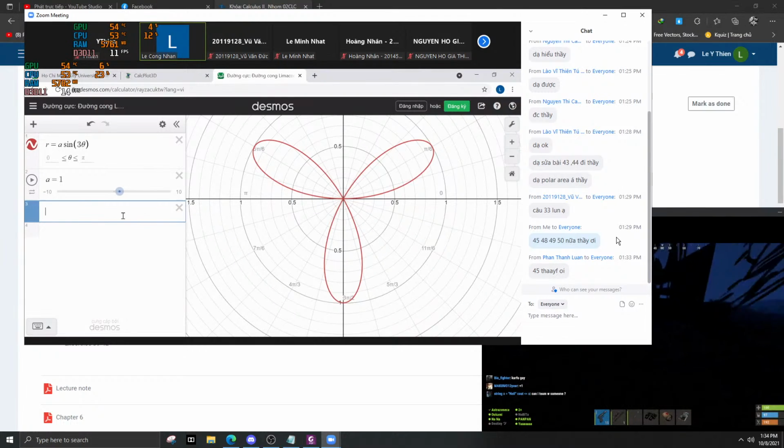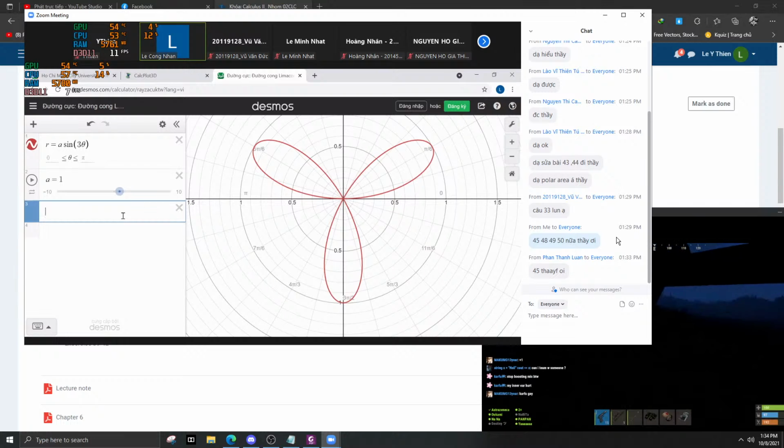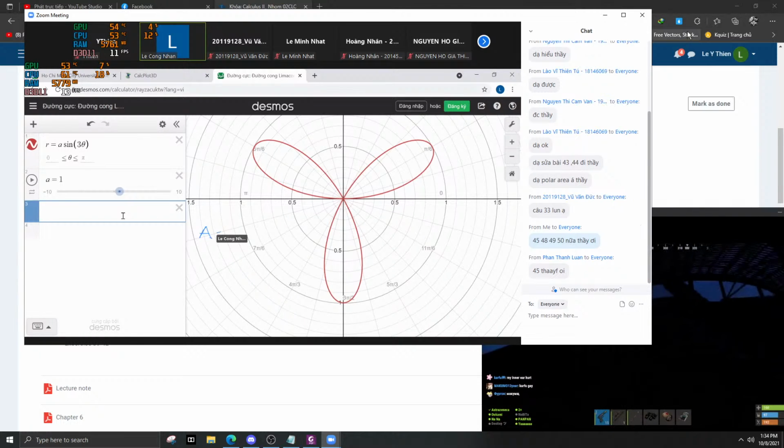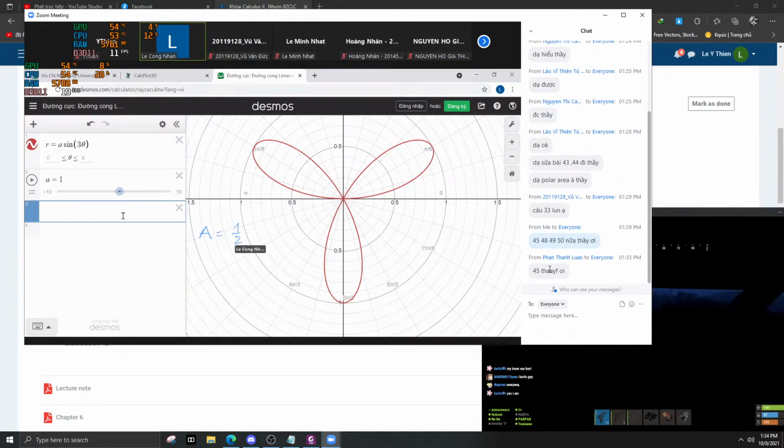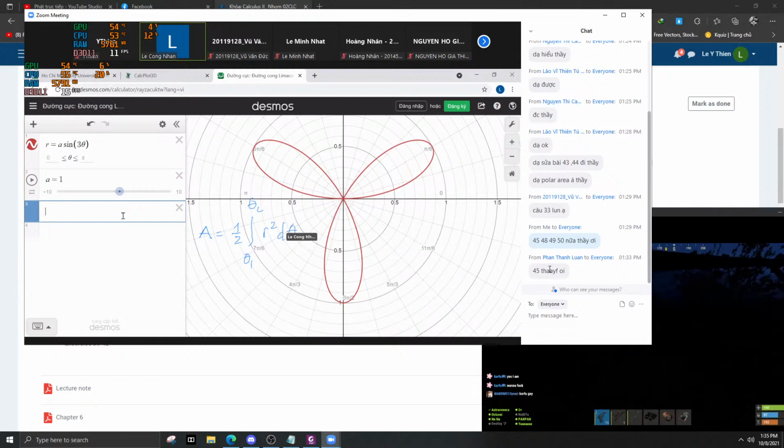Okay, to compute the area of this region, what is the formula? Our formula is given by the polar area, 1/2 integral from theta 1 to theta 2 of the radius square d of theta. So what is the radius?